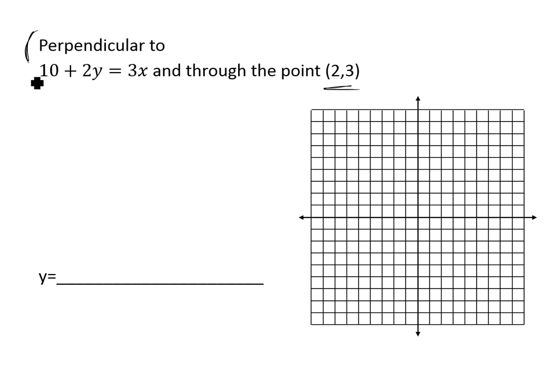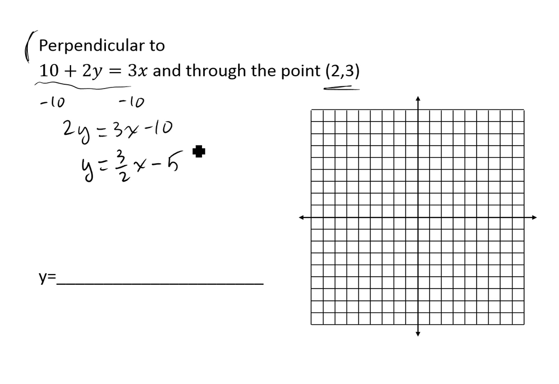So I first of all want to find what the slope of this given equation is, right? I'm going to transform this into slope-intercept form by subtracting 10 from both sides. That gives me that 2y equals 3x minus 10. And I can divide both sides by 2. So that would give me y equals 3/2 x minus 5.